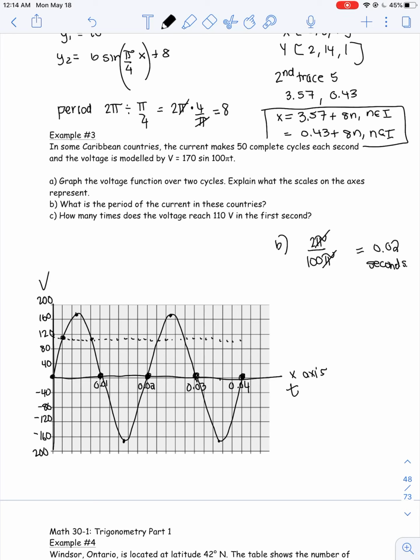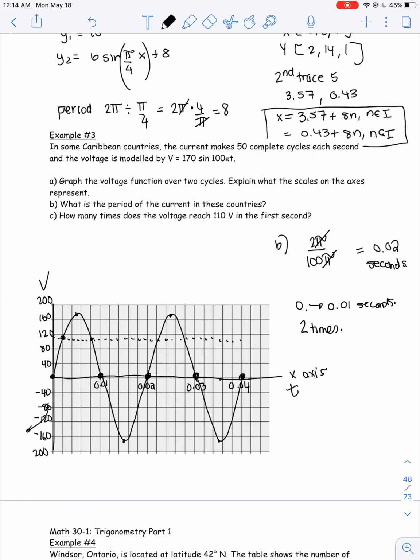Between 0 and 0.01 seconds, we know that it is going to reach a voltage of 110 twice. So 2 times is when it's going to reach it.